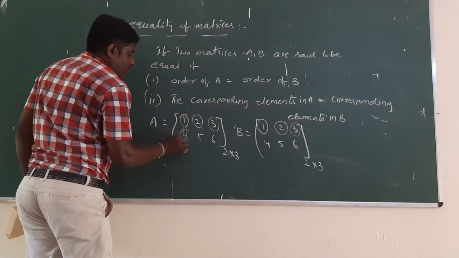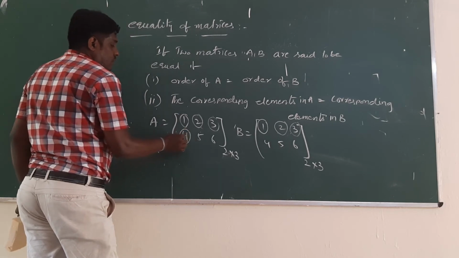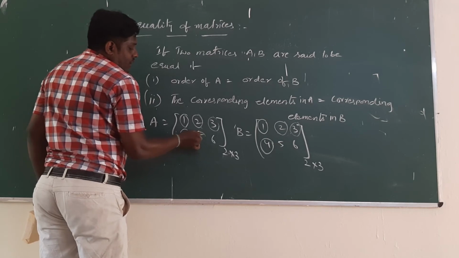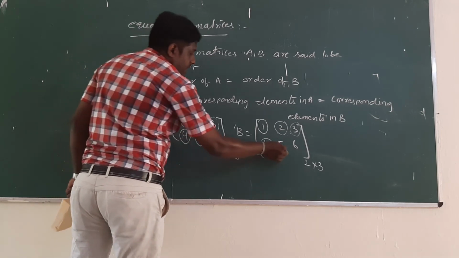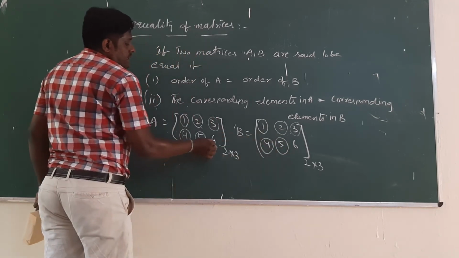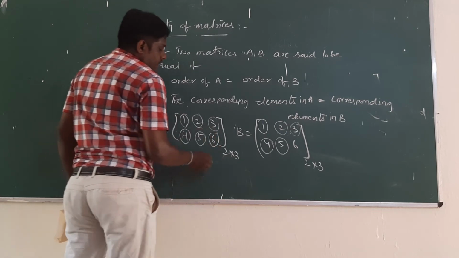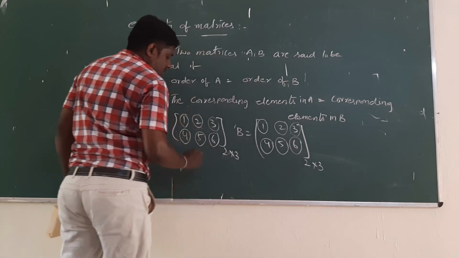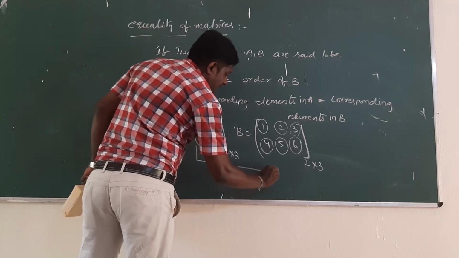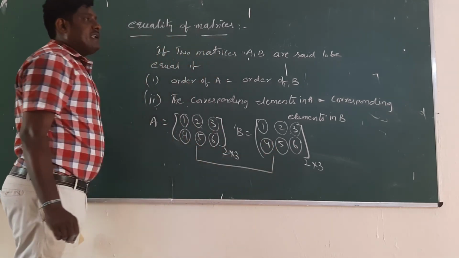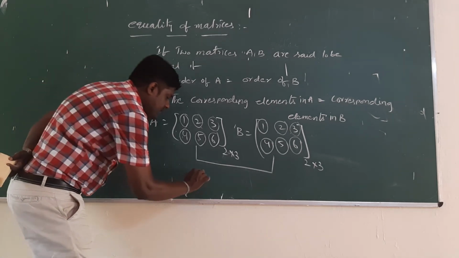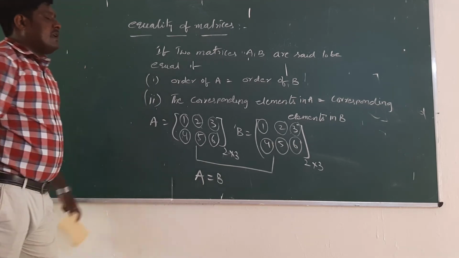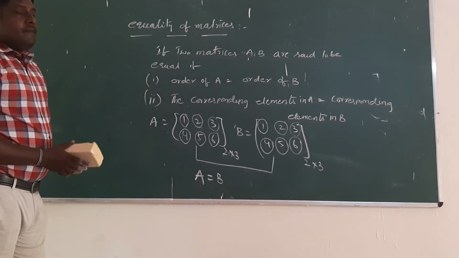Second row, first column element is 4, here also 4. Second row and second column element is 5, here also 5. Second row and third column element is 6 in A, in B also 6. That's why we can say both matrices are equal. This can be written as A equals B.